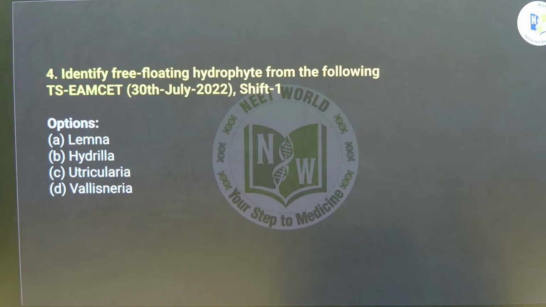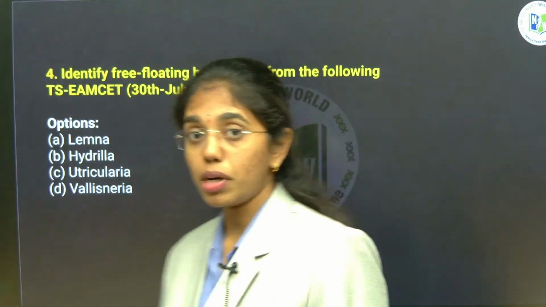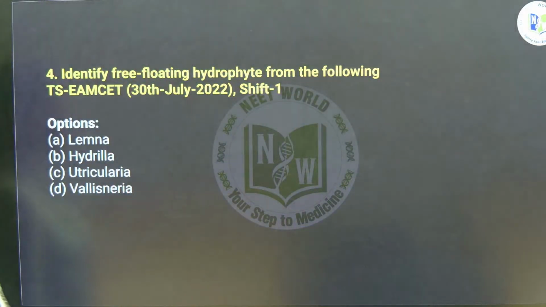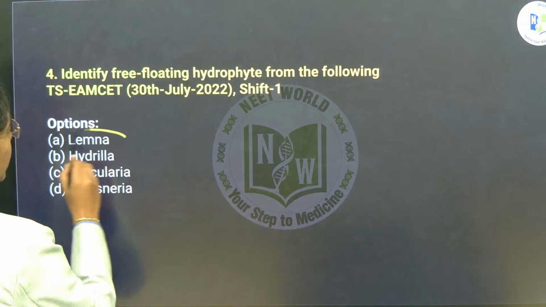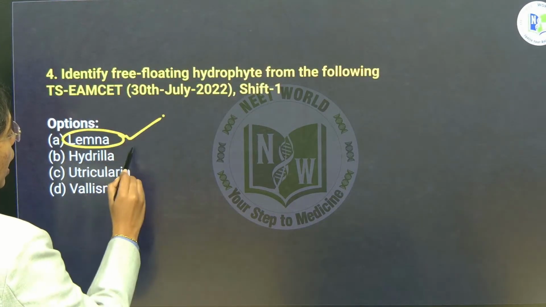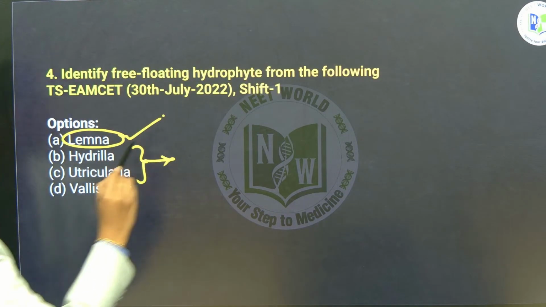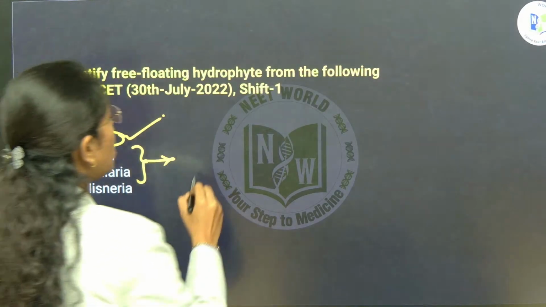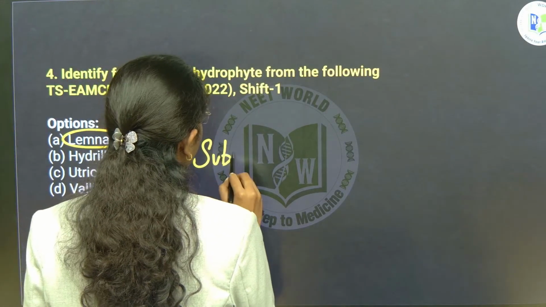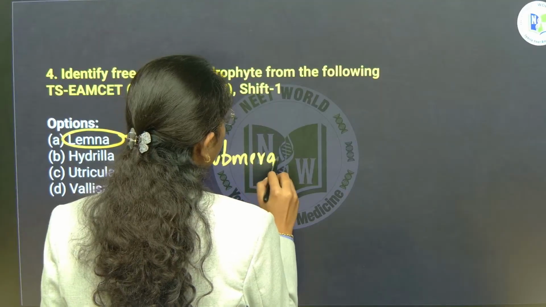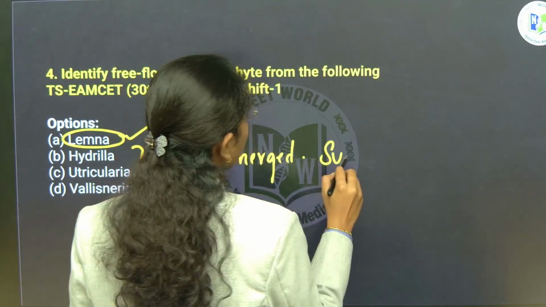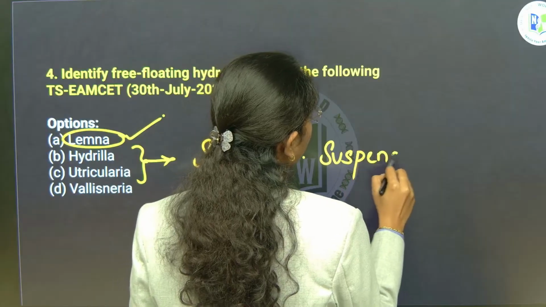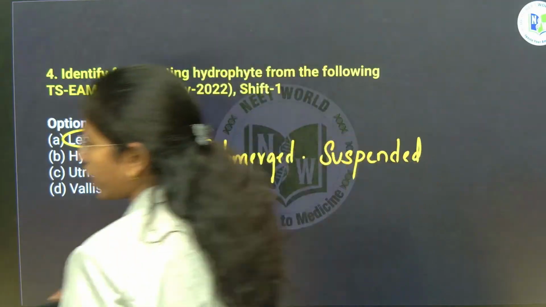Identify free floating hydrophytes. We have 5 types of hydrophytes, right? Free floating, submerged suspended, submerged rooted, as such we have 5 types. So, free floating hydrophyte, here the example is Lemna. Hydrilla and utricularia are the examples for submerged suspended hydrophytes. Fine, right?